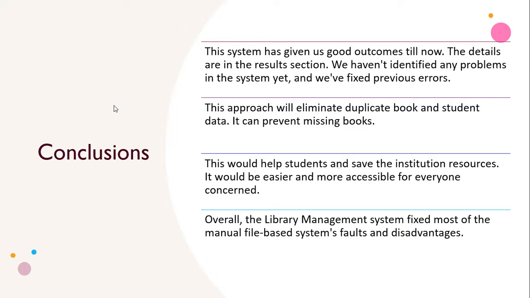The approach of the UTHM library system will eliminate duplicated books and students data, and it can prevent missing books. Also, this would help students and save the institution's resources. It would be easier and more accessible for everyone concerned.